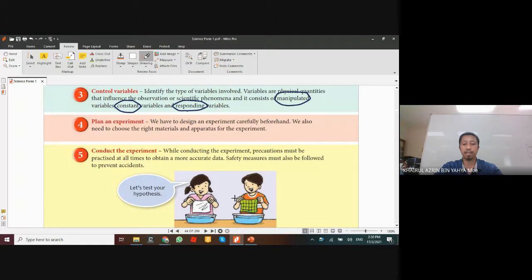The responding variable is how much time it takes to absorb the water. Berapa lama atau berapa cepat dia boleh serap air ni. Constant variable is the volume of water. Volume of water doesn't change, sama saja, tidak berubah air dia. Except that the tissue or towel is faster to absorb the water. Which one is faster? Which one is better? That is the manipulated and responding variables. We'll go more on this one later.